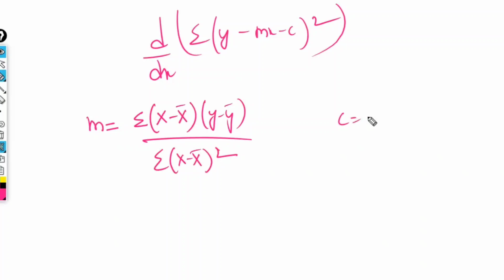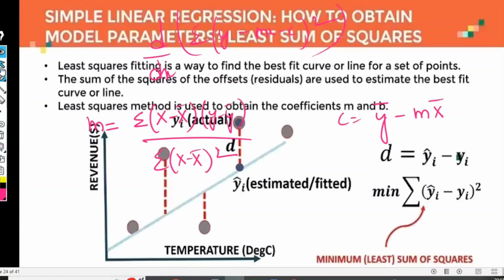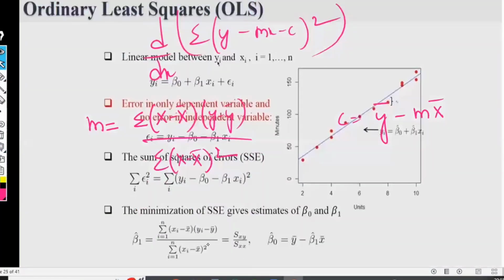And the c value is given by y bar minus m into x bar. So just by applying the differentiation, we have got the values like this.